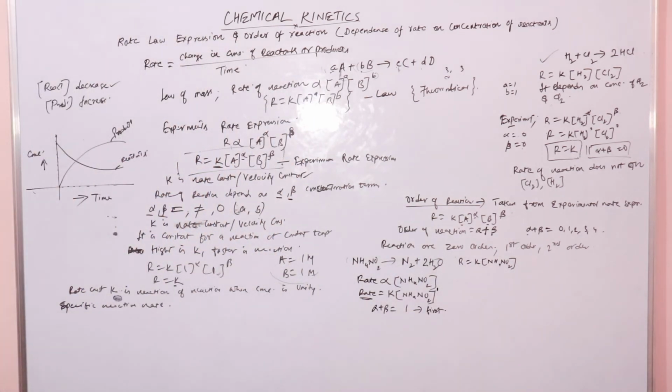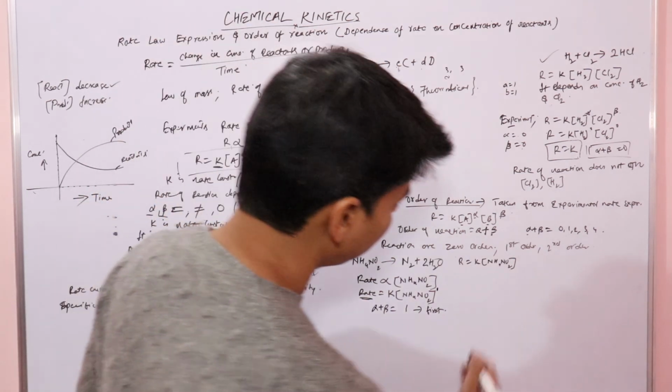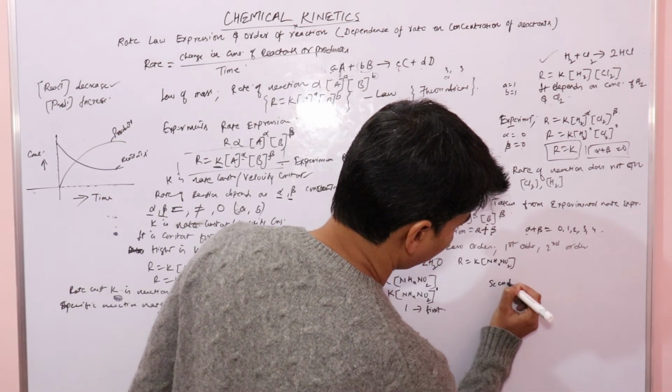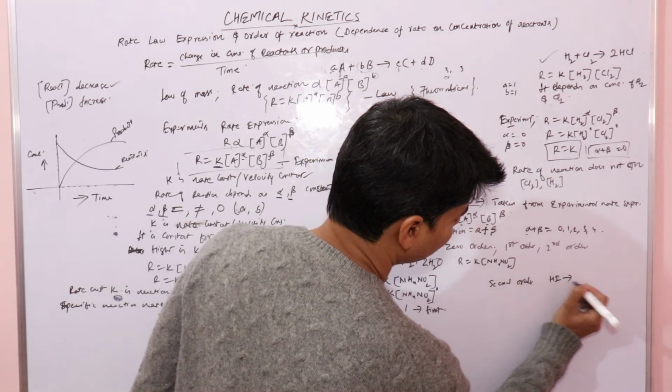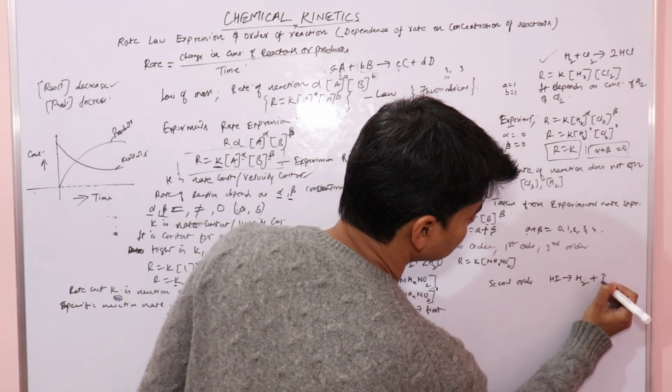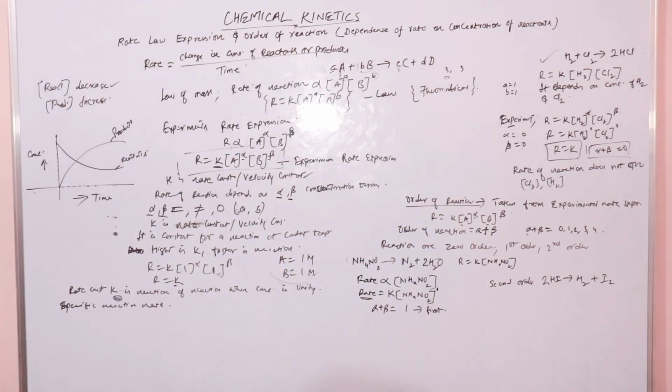Let's take another example of a second order reaction. Second order reaction is the dissociation of hydrogen iodide, which will give you hydrogen plus iodine. This is your balanced chemical equation.